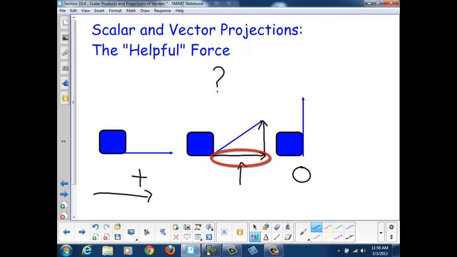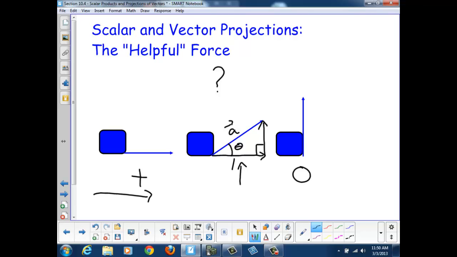Now you've noticed I've drawn a right triangle here. So if I know, let's call this vector A, if I know the information about vector A, how long it is, and what the angle is, I can figure out this unknown piece.